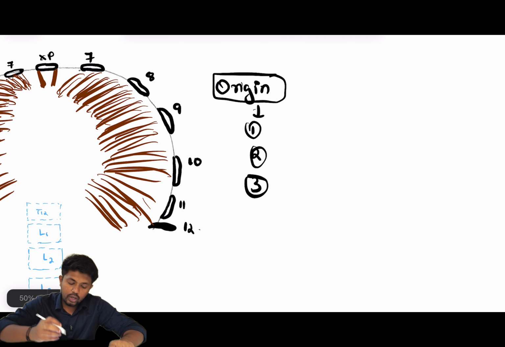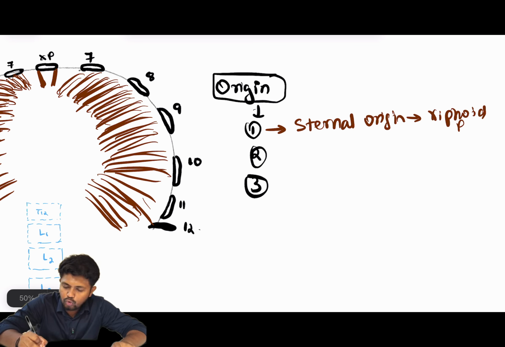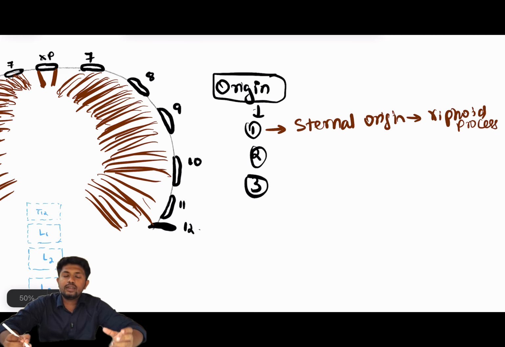So now we know the origins. The first is the sternal origin, from the posterior surface of the xiphoid process, where two muscular fleshy slips come to form the diaphragm.